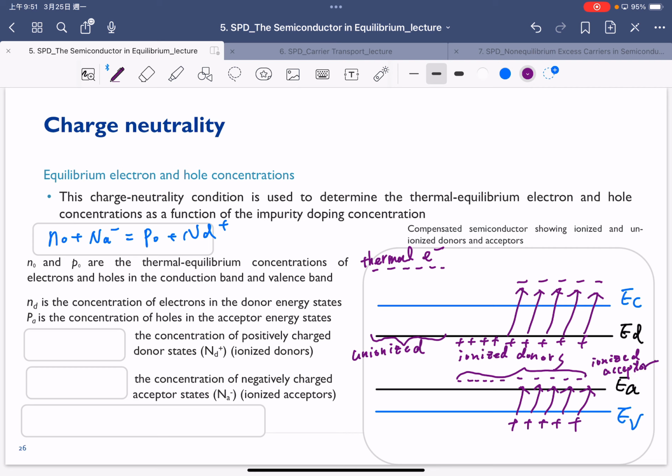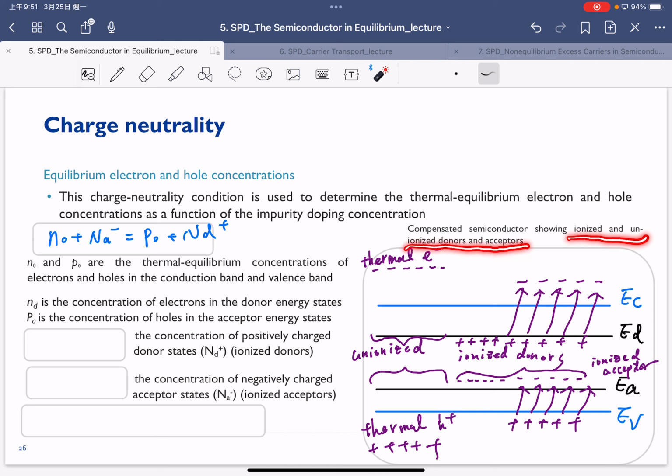And also, there is a part of a region that is unionized. And we also have the thermal hole. So that's a compensated semiconductor, showing ionized and unionized donors and acceptors.